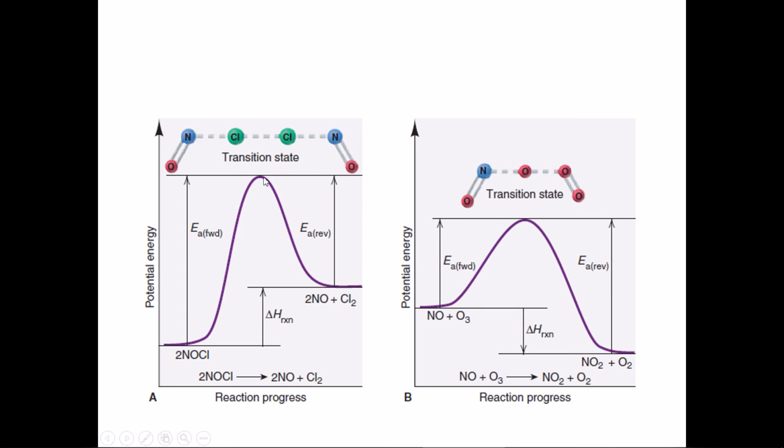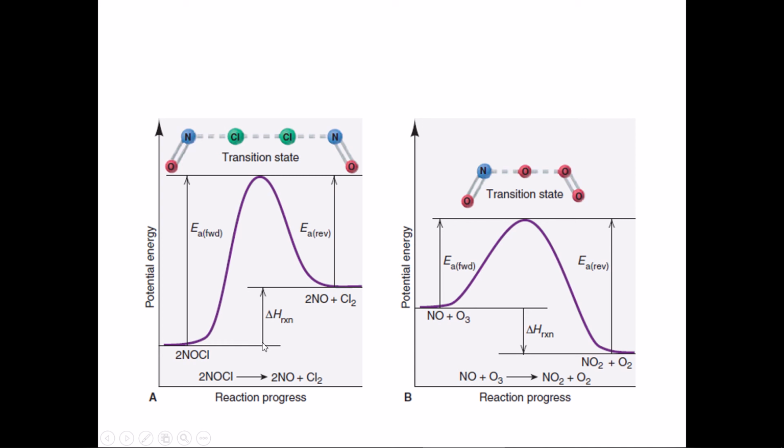And then going in the reverse direction, we have a decrease in energy going back to the 2NOCl. So we have two different activation energies if our reaction is reversible. We have the activation energy of the forward, the energy needed to get to the transition state from our reactants, and the activation energy of the reverse, the energy needed to go to the transition state from our products.